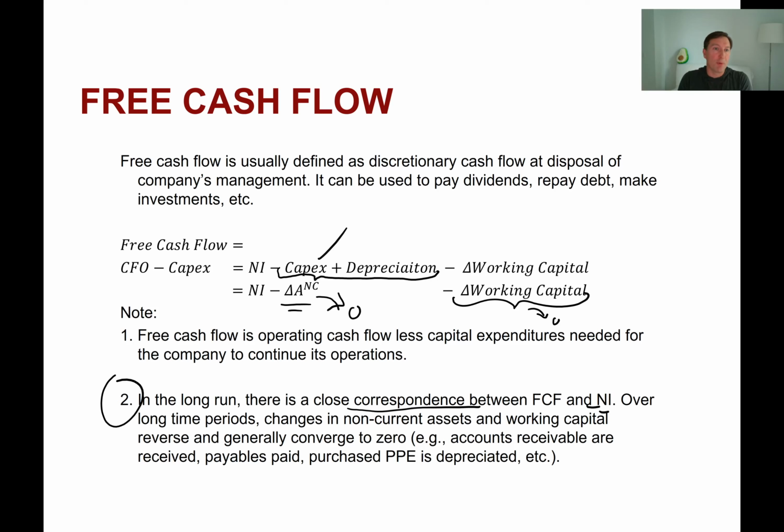If we measure performance over the life of the firm, which is like 30 or 50 years, then all this accrual accounting does not matter. Of course, investors don't want to wait 50 years to measure how well the firm did. They want timely information. Every period they want to know something about profitability and so on. That's why accrual-based performance is quite useful. But this is something important to understand about free cash flow.